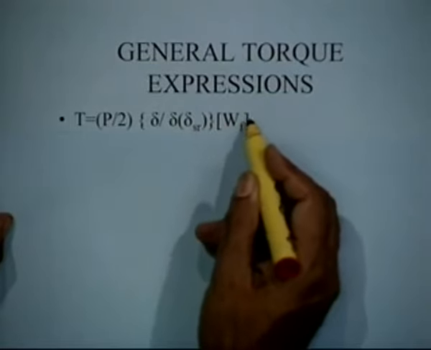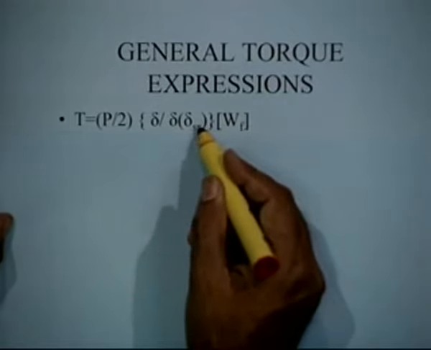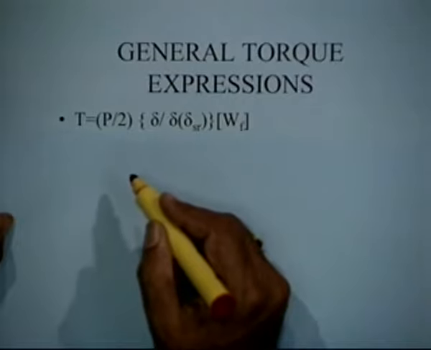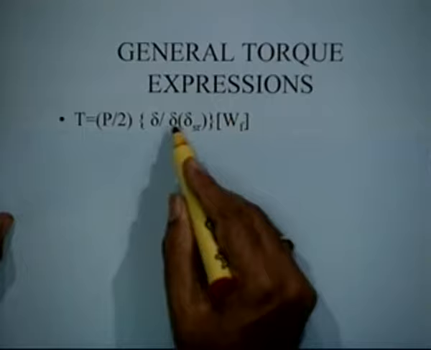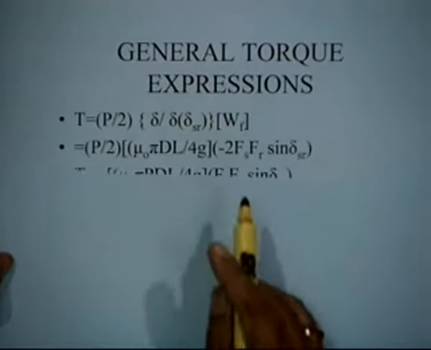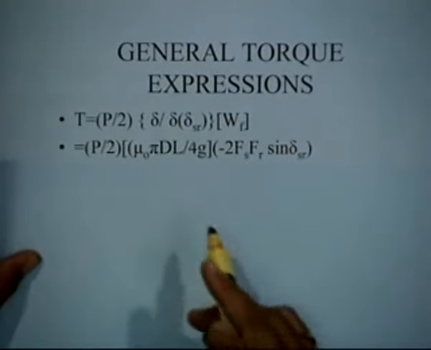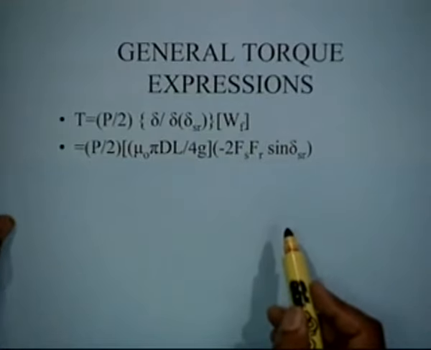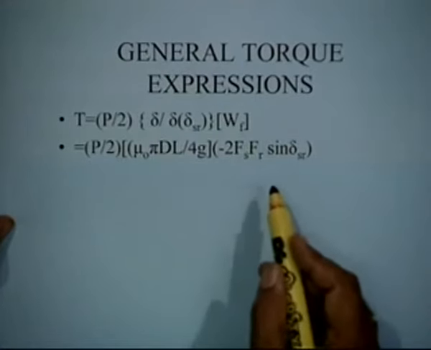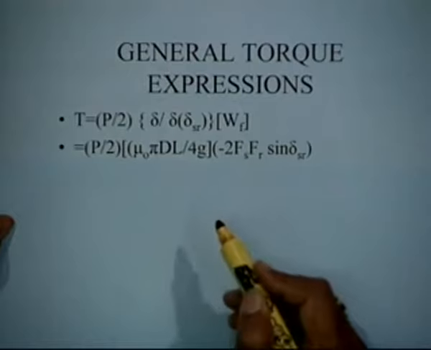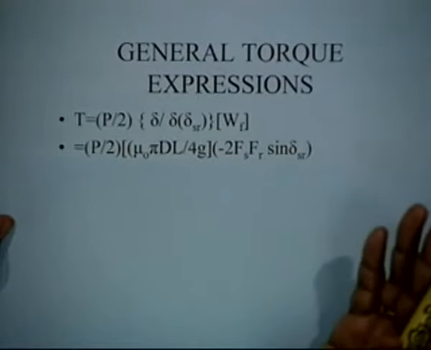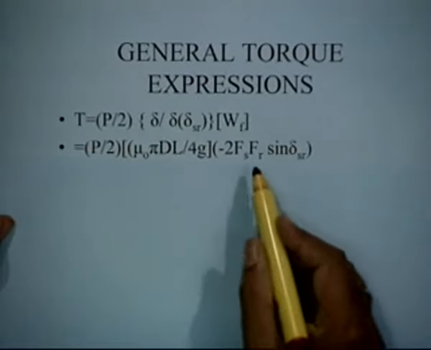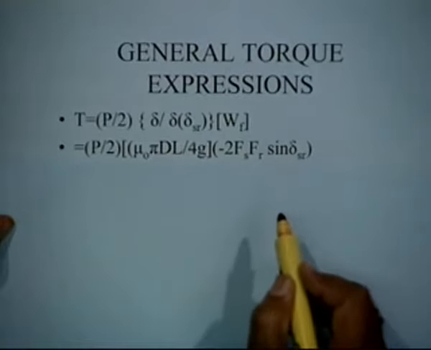Since these are all electrical quantities, we multiply by P by 2. It is P by 2 times this, because this much is the electrical torque per pole pair. So we get a simplified version of the torque expression by taking the derivative of the stored energy, because the F_S² and F_R² derivatives become 0. It is only minus twice F_S F_R into sin δ_SR.